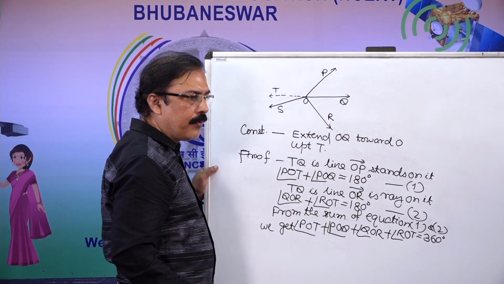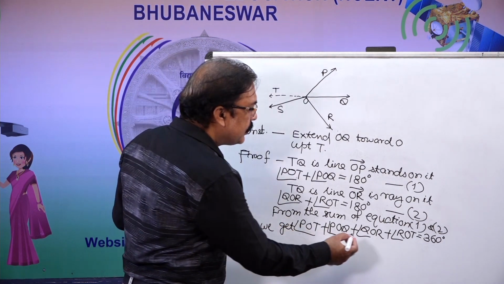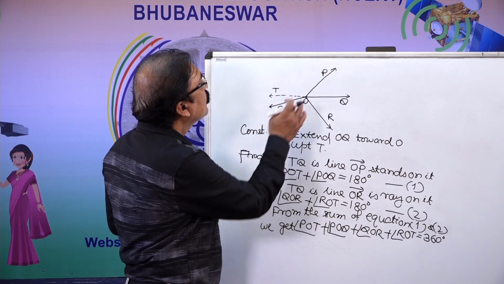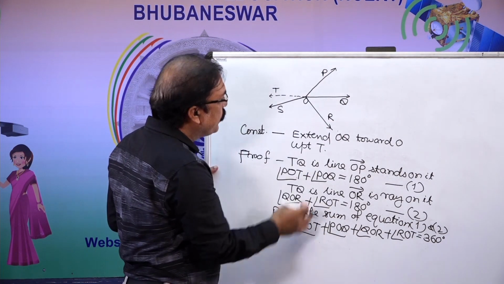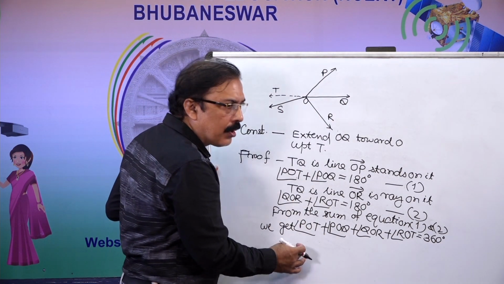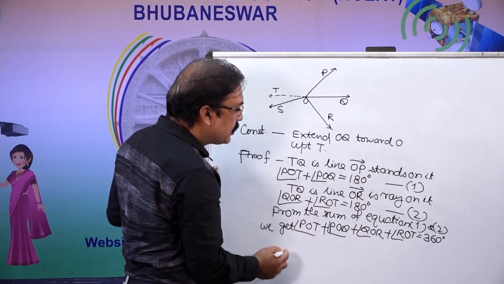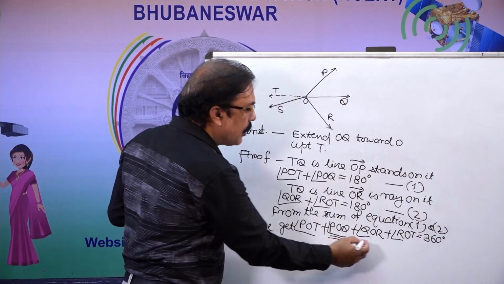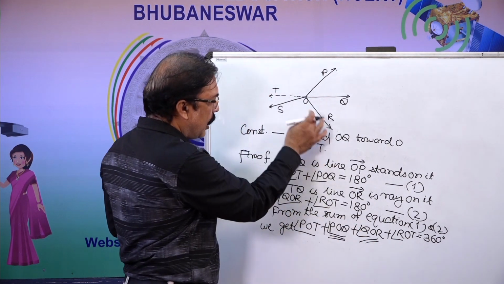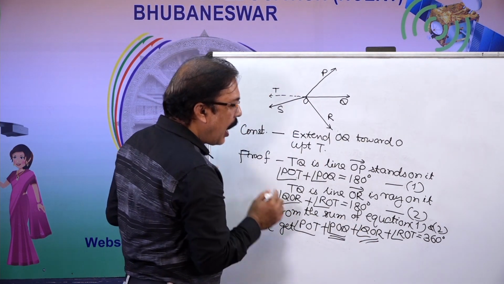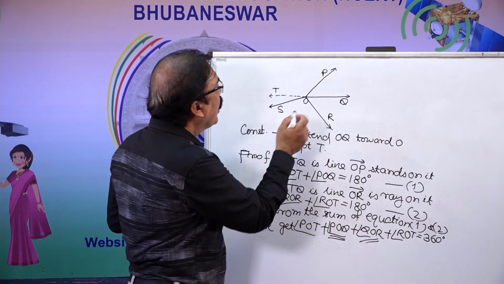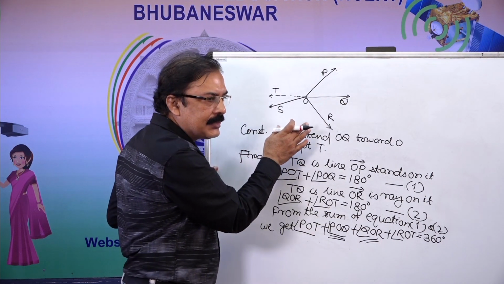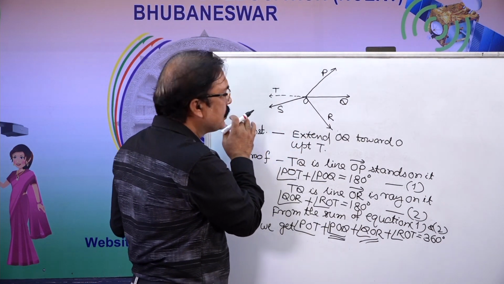What we have to prove? POQ is there here. Then QOR is there, and ROS and POS.